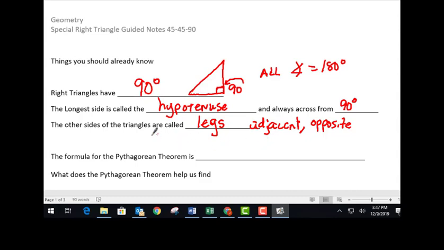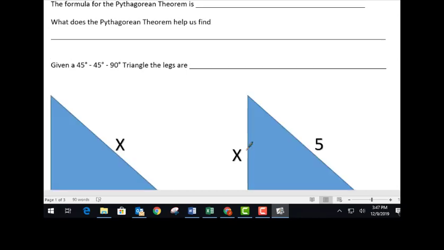And we also should know the formula for the Pythagorean theorem: a squared plus b squared is equal to c squared. So those are some things that you should already know. What does the Pythagorean theorem help us to find?